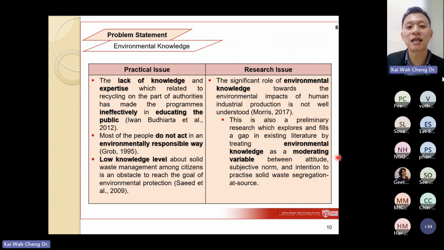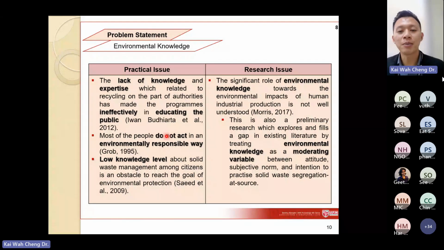This is an example of a PowerPoint slide from my PhD viva. You can see examples of problem statements here. For example, last time I wanted to conduct a research regarding solid waste management. I had determined environmental knowledge as one of the important variables in my research framework.